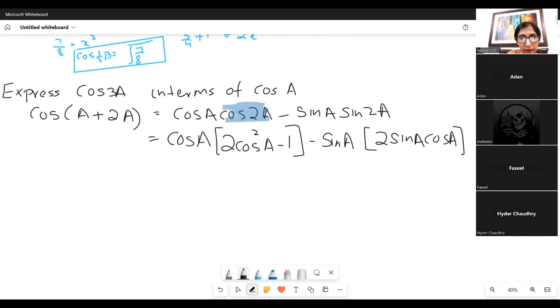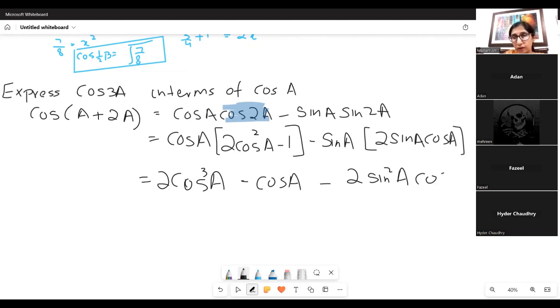Okay, I'm going to expand the bracket: 2 cos cube A minus cos A minus 2 sine square A cos A. So now the only non-cos A term is this.